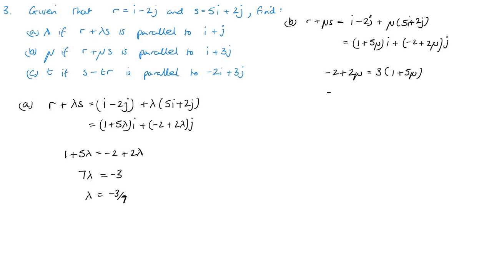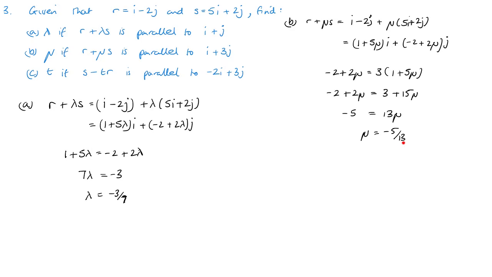Okay, and then solving this we get 3 plus 15, so that is 13 mu on this side minus 5, so mu is minus 5 over 13.